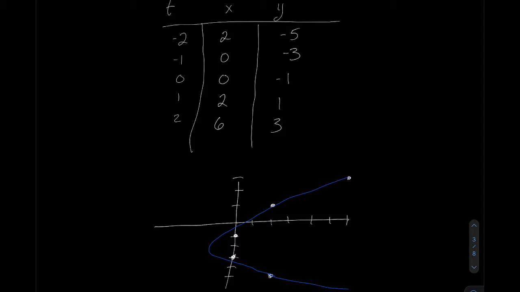So our point goes from (2, -5) to (0, -3). So it's going in this direction, and then we go around. We could probably pick the point t equals -1/2, and we'd probably get this vertex here. And then we go back up. So the general direction of this is swinging around and then back up and to the right.